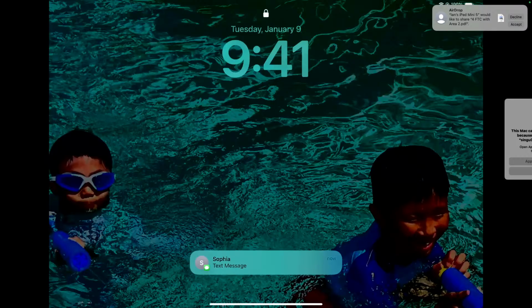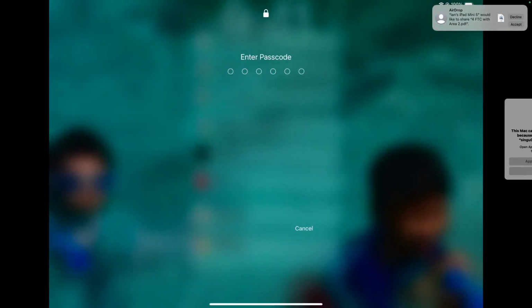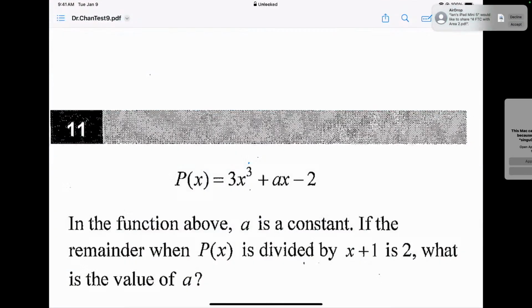I don't even do standard division. No, I don't even do synthetic division. There's probably three different ways to solve this problem. One of them is most efficient.